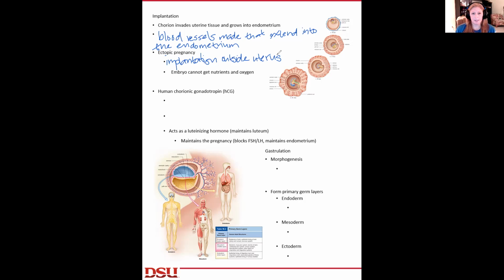And at this point, there is no way in medicine to save that pregnancy. It will be terminated. If it hasn't spontaneously terminated, if it's caught prior to that, it still has to be ended in order to keep mom healthy. And again, it doesn't have any way to survive where it implanted anyway. And medicine and science don't have the ability to implant that embryo into the uterus where it belongs.